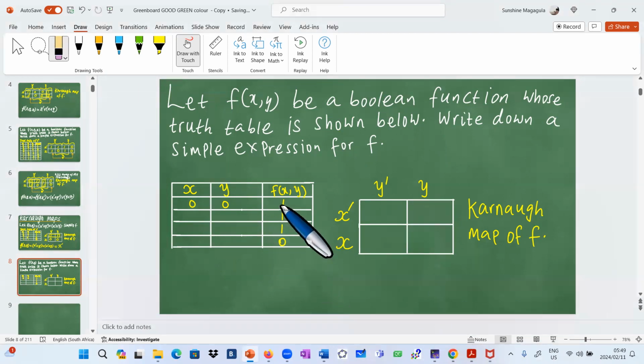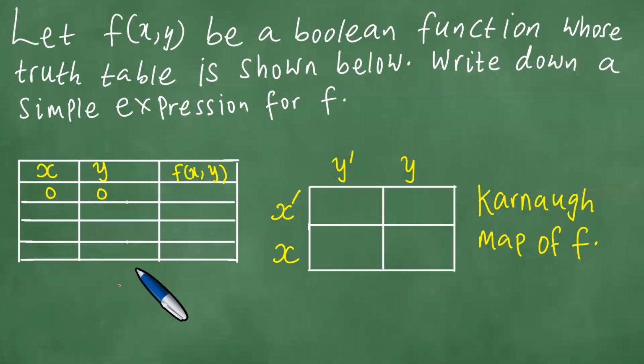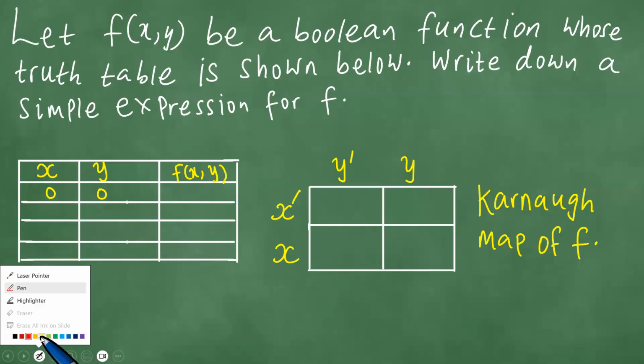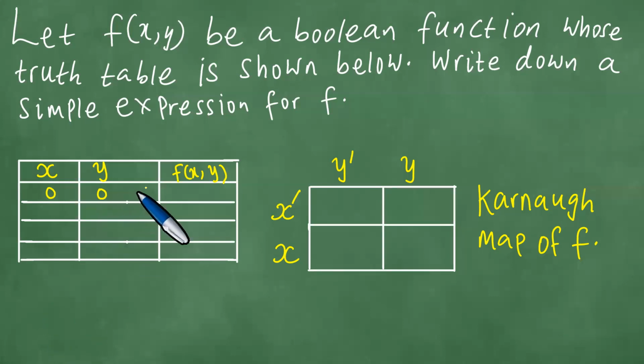And then now we can even edit these, but I'm going to fill them up. Okay, we check everything, but we need to make sure that this is correct. So now using the Karnaugh map of f, we have what? So this is 0, 0, 1. This one is 0, 1, 1. 1, 0, 1. 1, 1, 1.